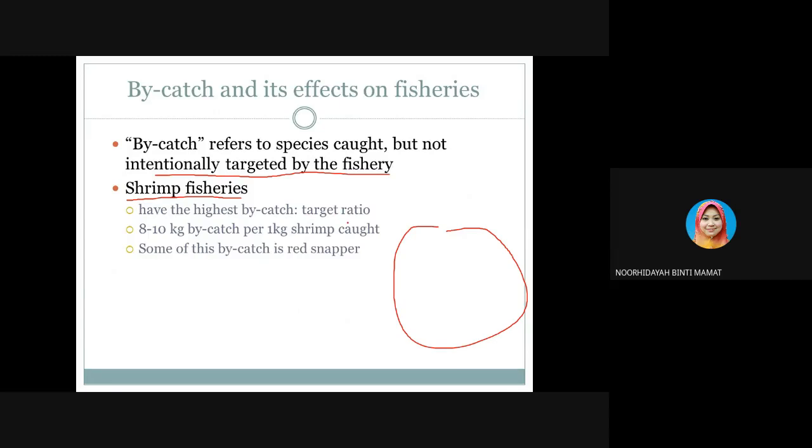The target, which is shrimp, is only 1 kg, but the bycatch can be up to 10 kilos, and some of this bycatch is red snapper. So they get the highest amount of bycatch compared to the target.